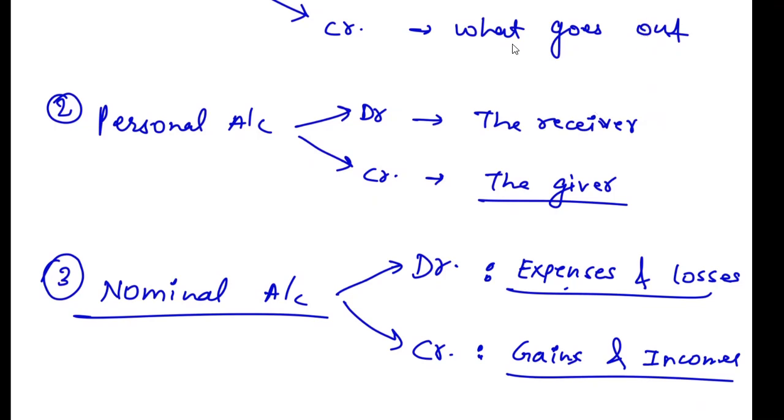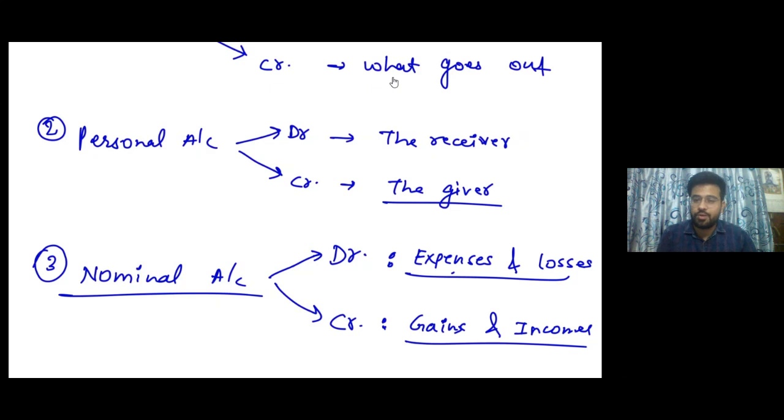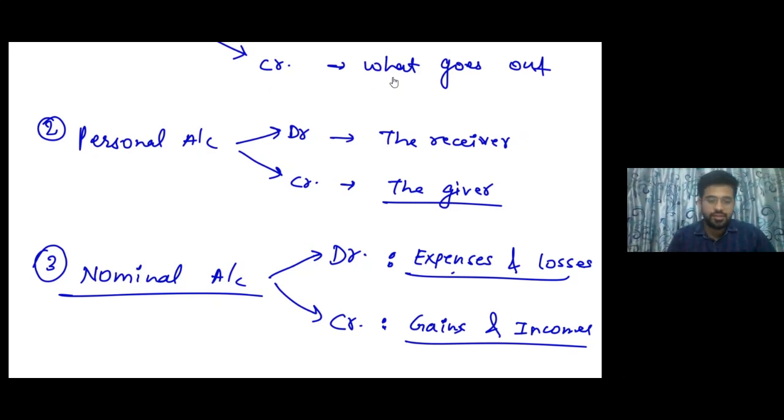So what happens in the nominal account? Whenever we talk about the nominal account, there is some change in general. We are debiting the expenses and losses. In the general way, if you are doing some expenses and there are some losses, you will feel bad. But think from a different perspective. If I am eating an ice cream, I have done the expense, right?